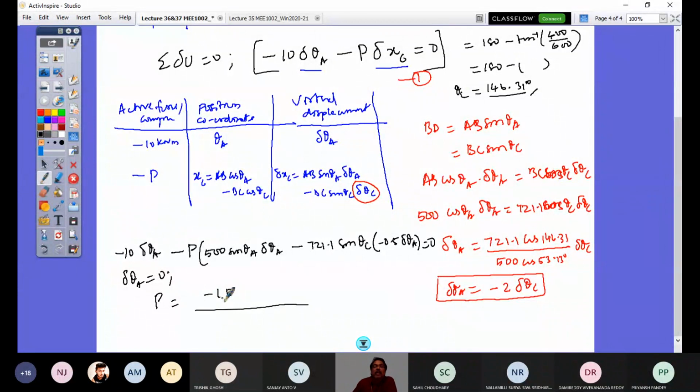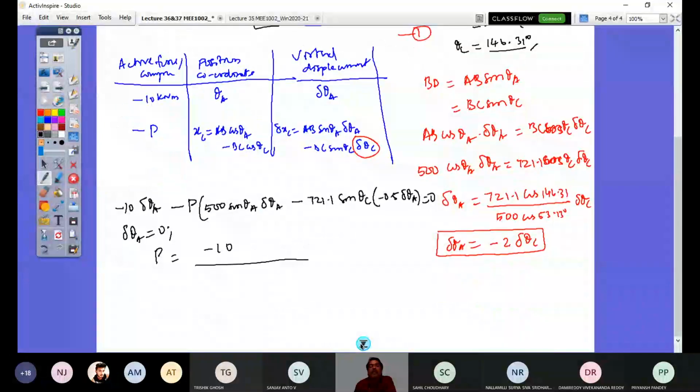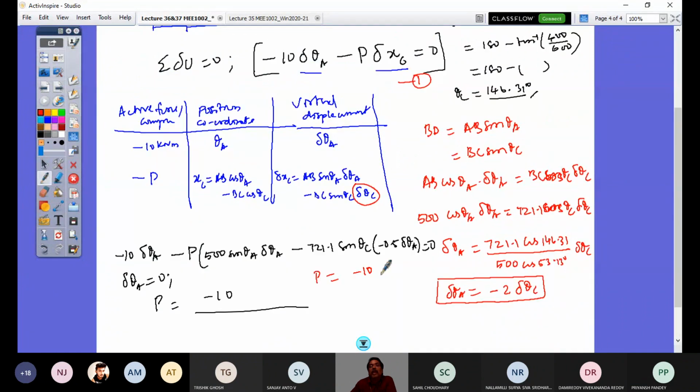So here, if I take this on this side, let us write here itself. Before substituting, I should have written that, right? So P would be, from this equation, P would be minus 10 delta theta A divided by delta X, right?